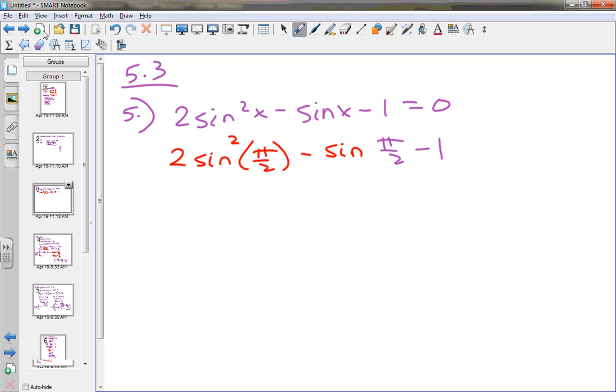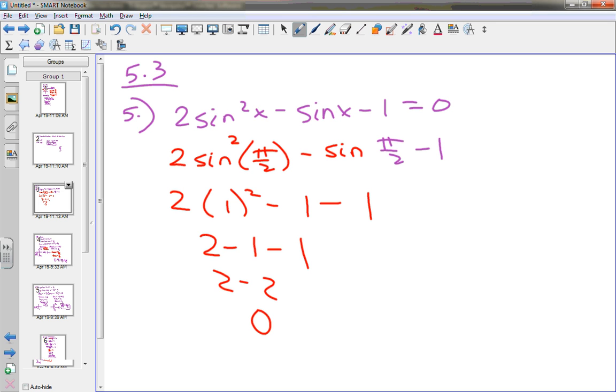What is the sine of pi over 2? Sine at 90 degrees is 1. So I'm going to have 2 times 1 squared minus 1 minus 1. So this is going to be 2 minus 1 minus 1, so that's 2 minus 2, which is 0. Does 0 equal 0? Yes, so that works.